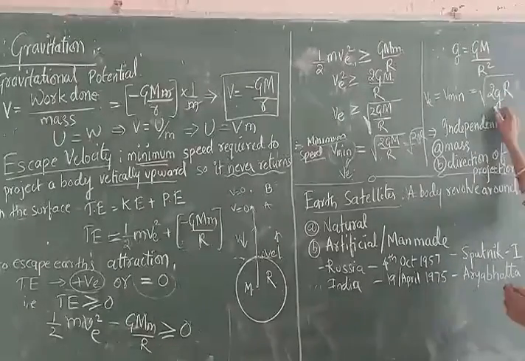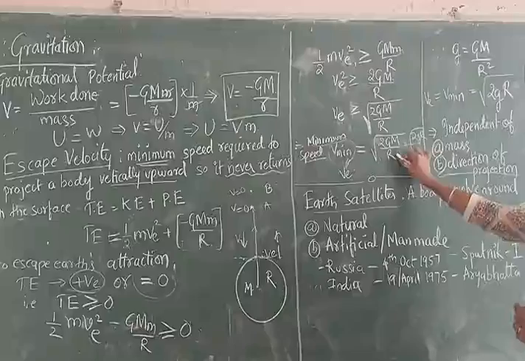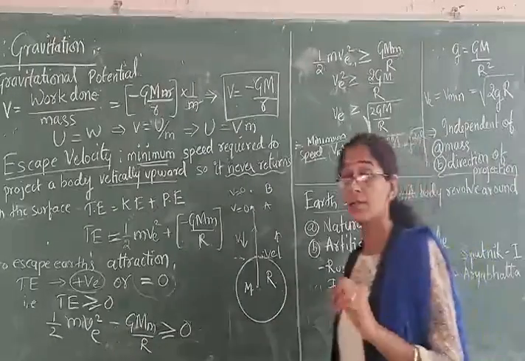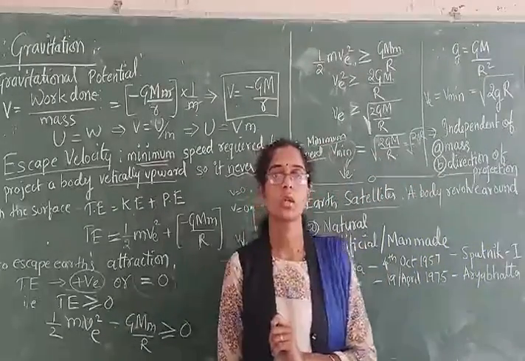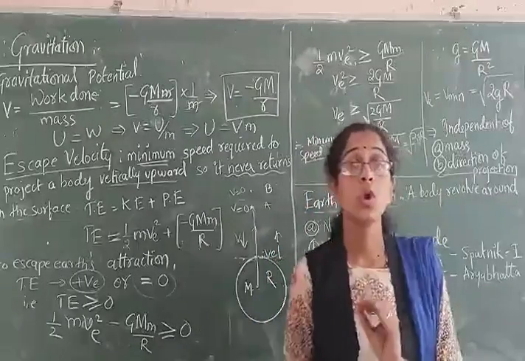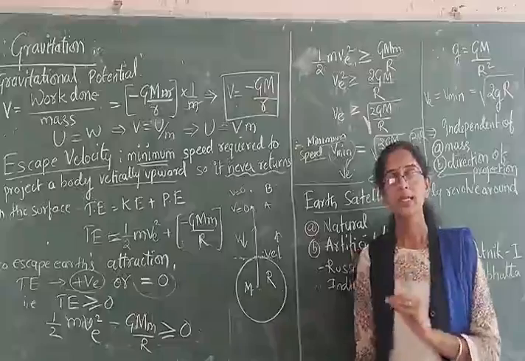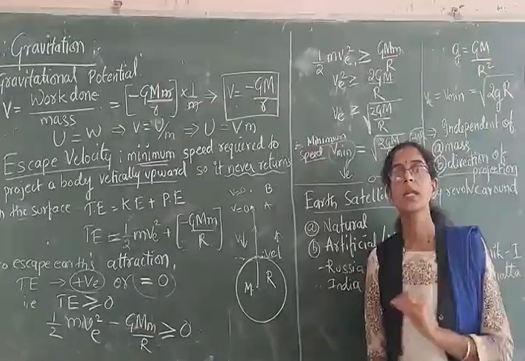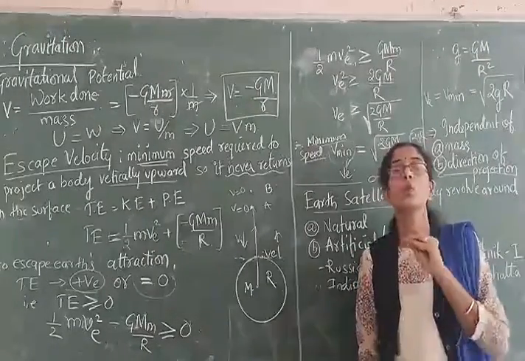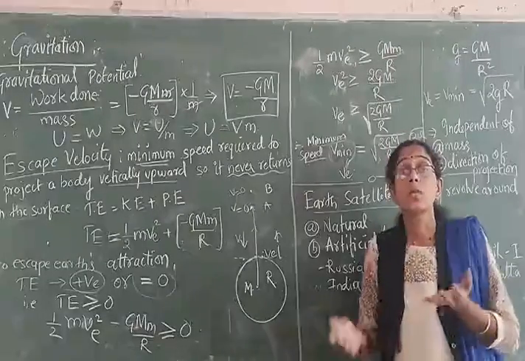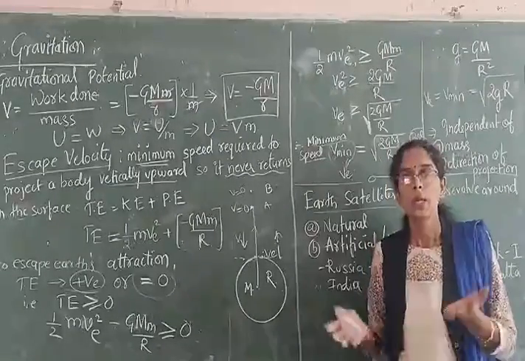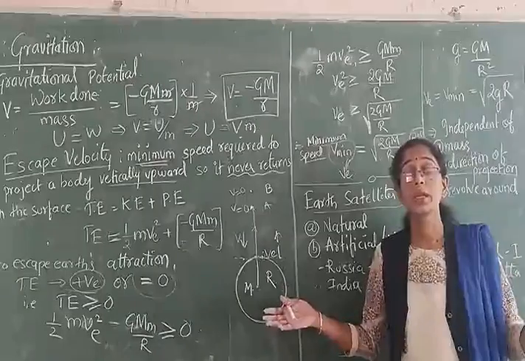See that in this equation as well as in this equation, we do not have the mass factor, meaning the mass of the object is not there, nor do we have any angular factor. What does it indicate? It indicates that the escape velocity of an object doesn't depend on the mass, whether it is 10 kg or 100 kg.